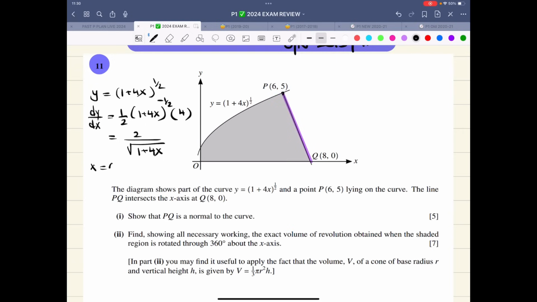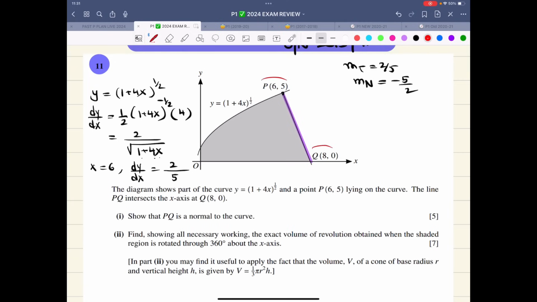So when x is 6, dy by dx equals 2 over the square root of 4 times 6, which is 24 plus 1, 25. Square root of 25 is 5. The gradient is 2/5. So the gradient of the tangent is 2/5. Therefore, the gradient of the normal should be negative 5 over 2.